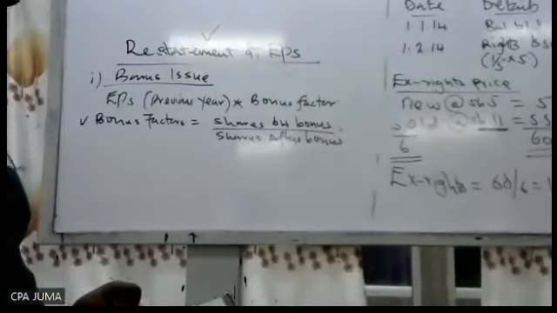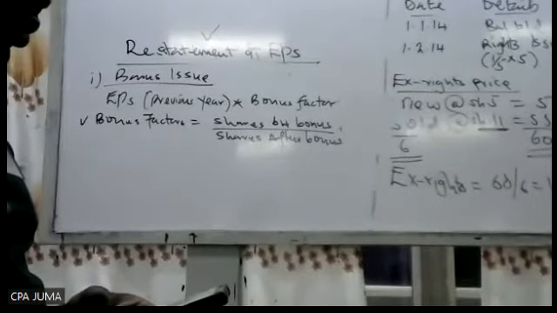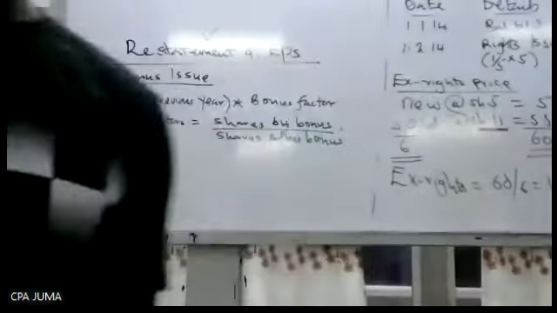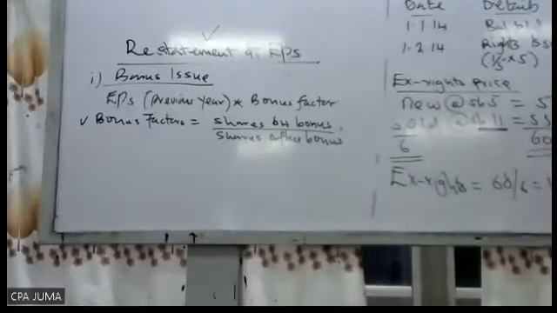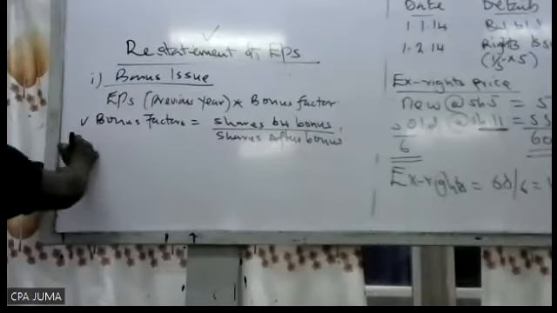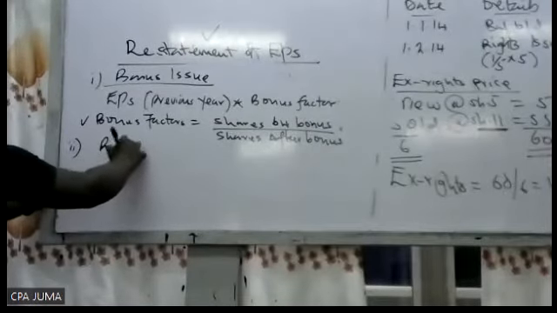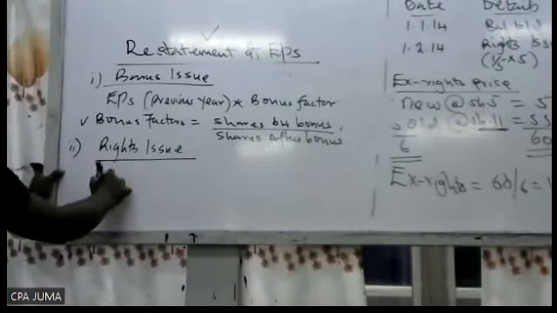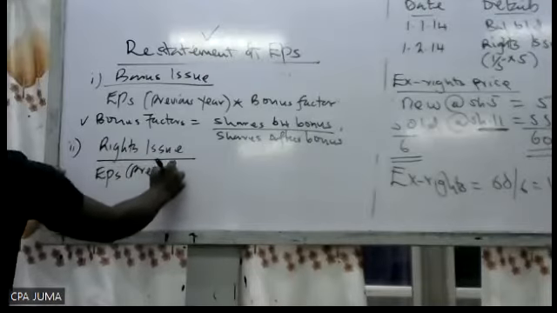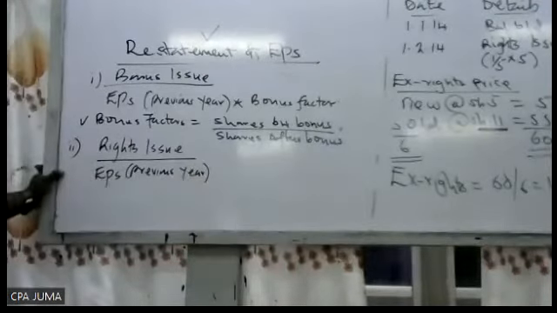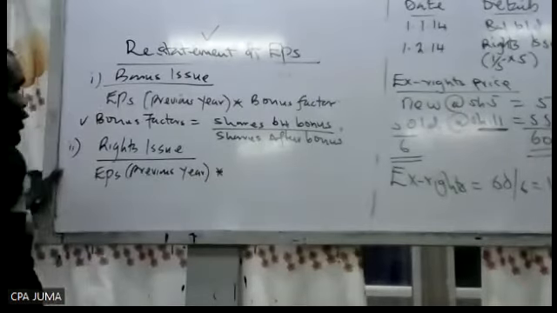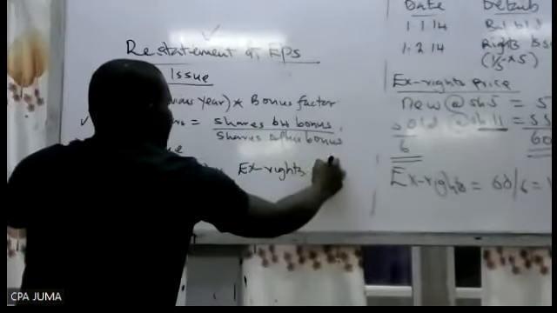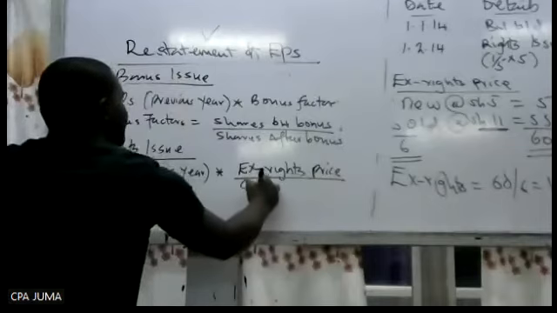Number 2, let's check rights issue. When you have a rights issue, check the EPS of the previous year. You multiply by the reciprocal, the X rights price over the CUM rights price.